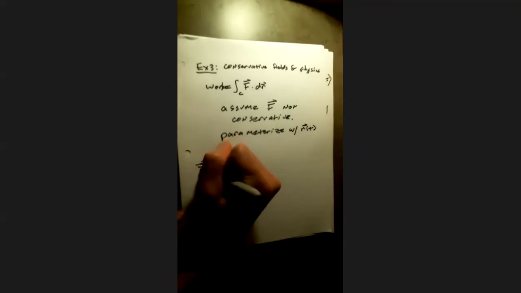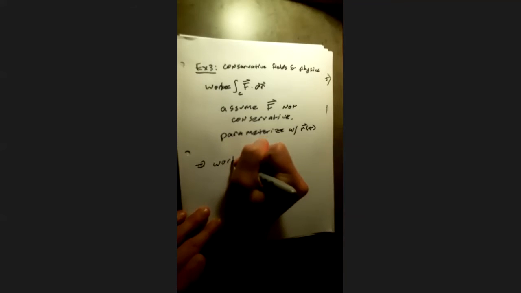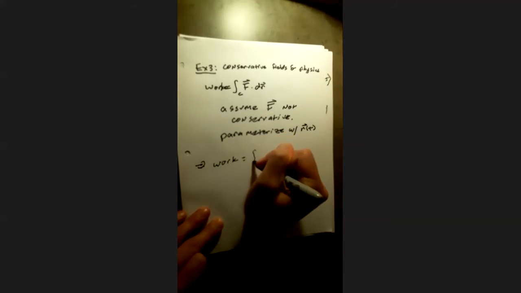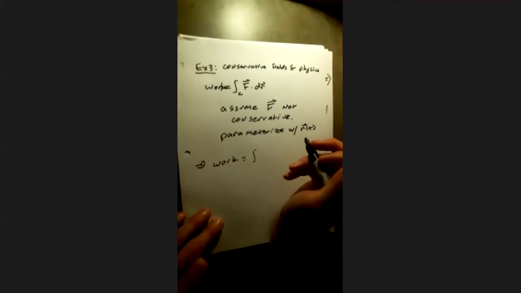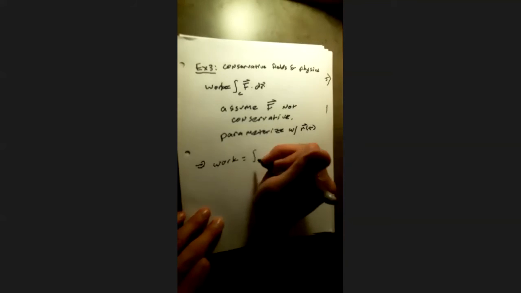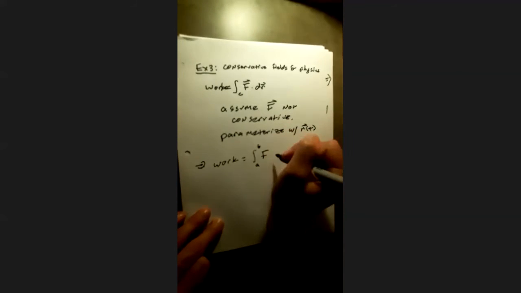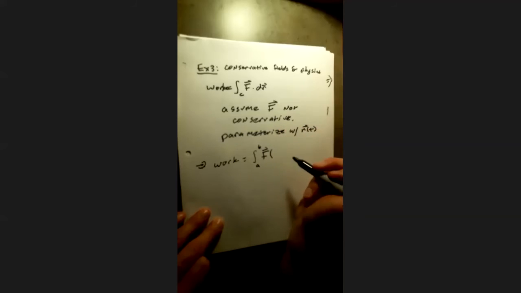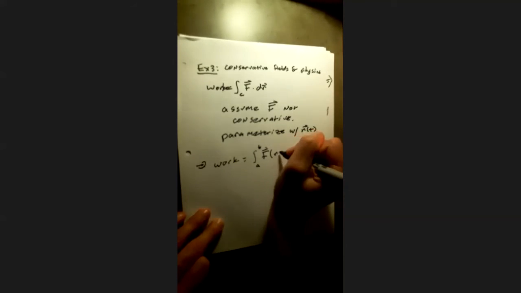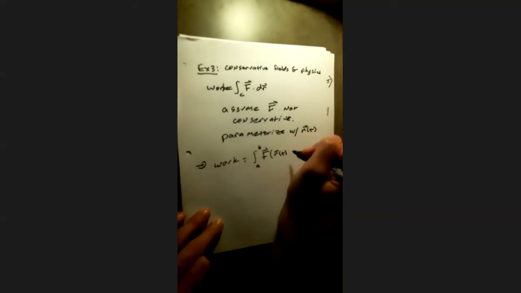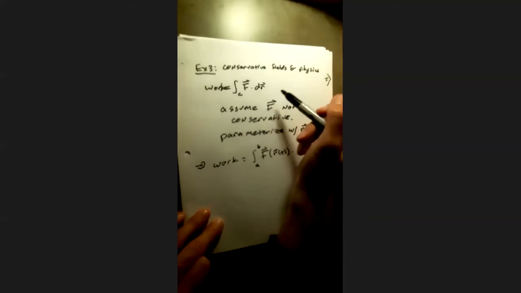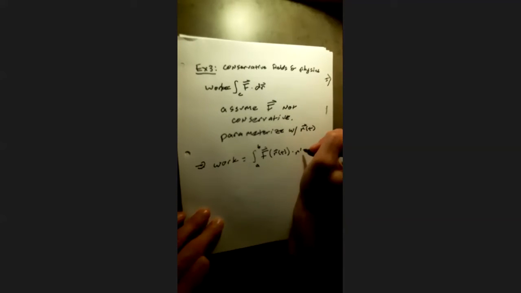So this tells us that our work will be equal to the line integral. But now it's no longer a line integral, it's going to be a definite integral from a to b of F. You've got to take that field and substitute in your parameterization, so r of t. And then we've got to replace the dr with r prime of t dt.